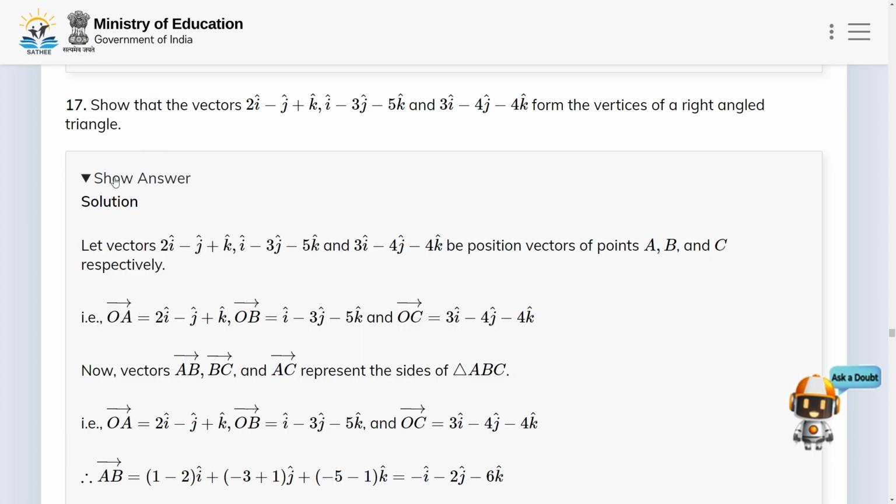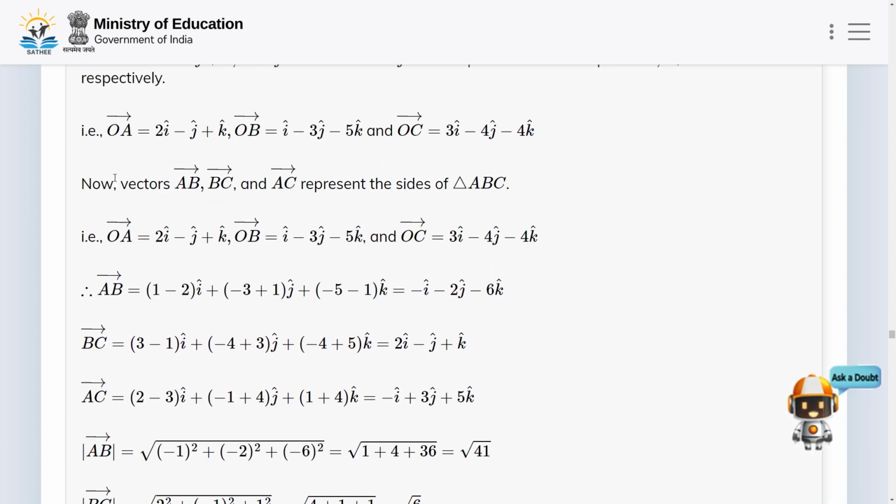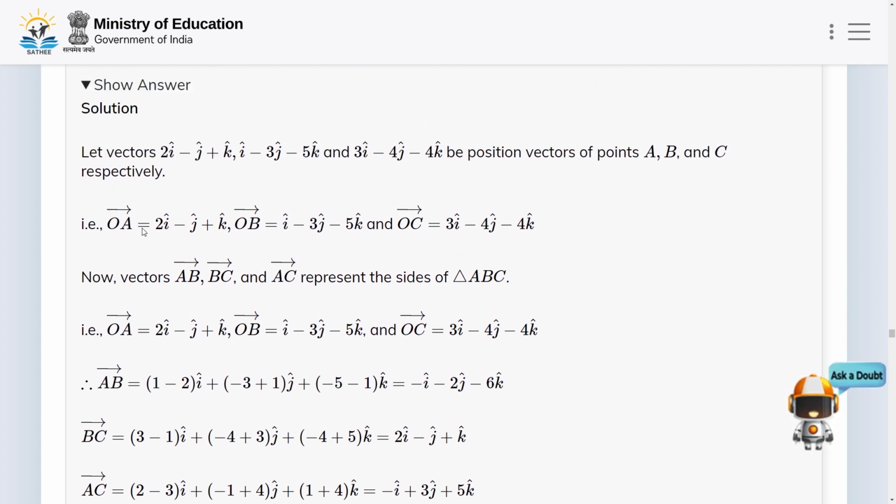Let it satisfy somewhere your Pythagoras thing. Okay, so I am finding the position vectors respectively for points A, B, C. So OA vector is given this, OB vector will be this, OC vector will be this.